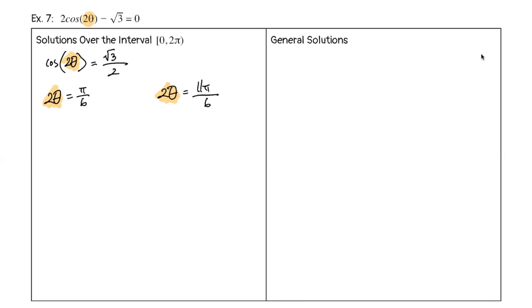So what we're really looking for, maybe you could replace it. If I just asked you this, cosine of x equals √3 over 2, what would your answer be for x?